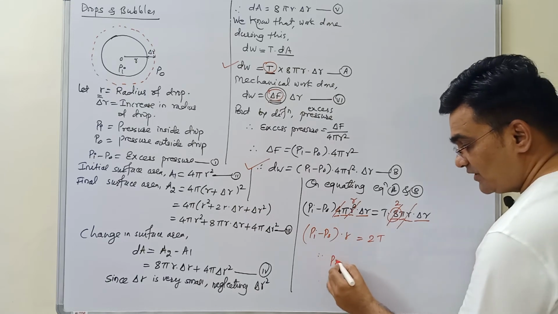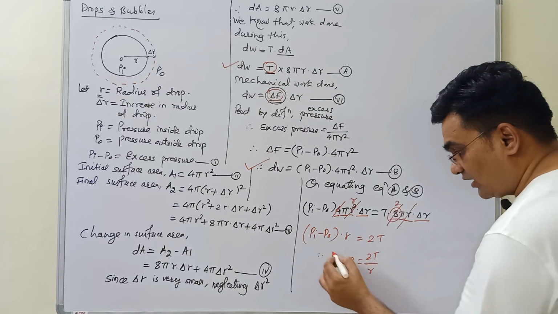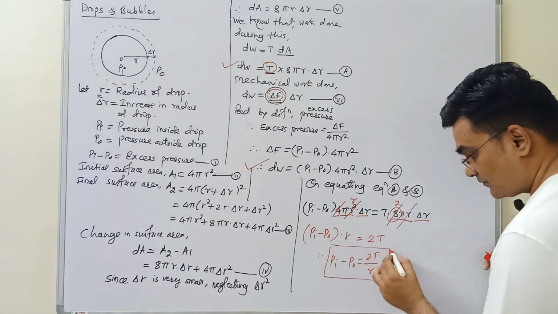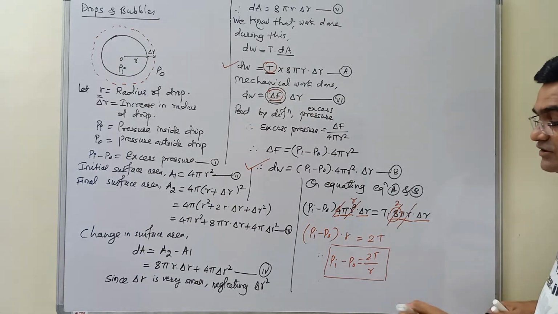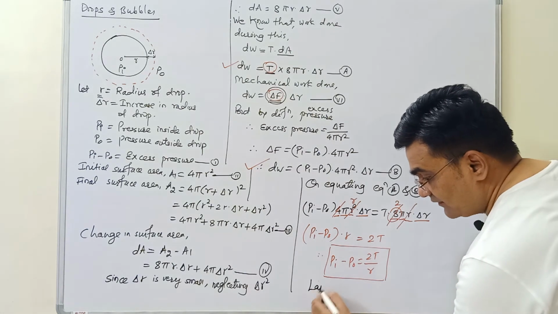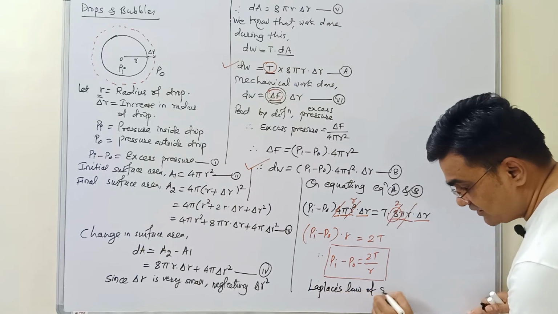So Pi minus Po equals 2T upon r. Pi minus Po equals what? 2T upon r. This formula is also called Laplace's law of spherical membrane.